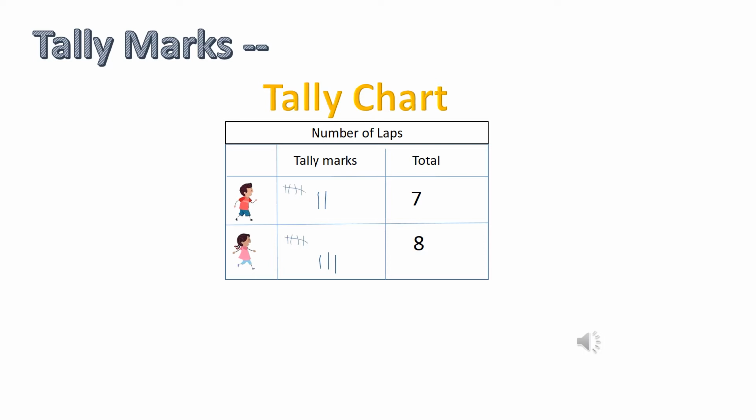But let's say that the top scoring boy had 7 tally marks on his card, and the top scoring girl had 8. Just saying. I could record that information in what is called a tally chart. So there you have the boy, the girl, the tally marks, and then you have the count written in number form, the total. Total is 7 for the boys and 8 for the girls.